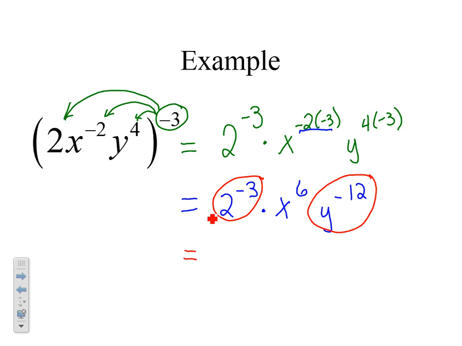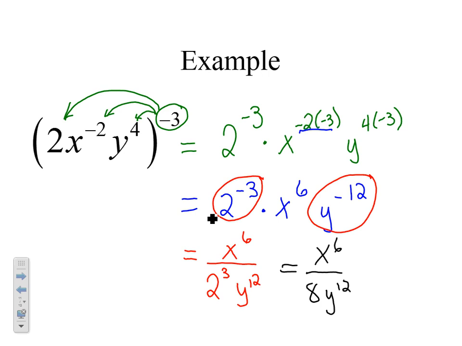So what this is going to equal is x to the 6 is going to stay on the top. On the bottom, I'm going to get 2 to the 3rd and y to the 12th. And I can simplify this one step further because I know what 2 to the 3rd is. So it's going to be x to the 6 all over 8 y to the 12th. And that is my simplified version.